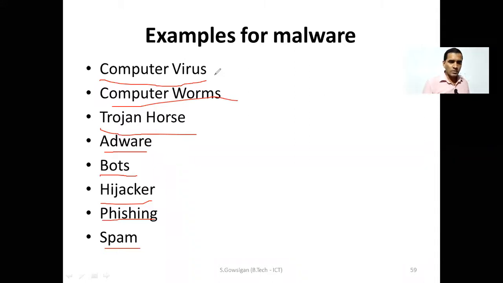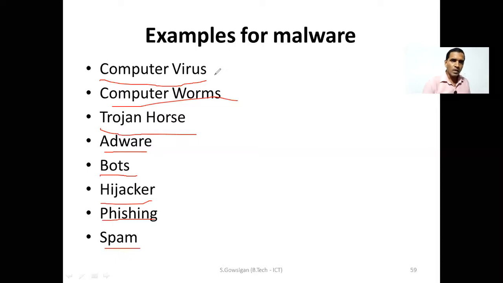Replicate itself means when a virus comes to our computer, it comes alone. One virus comes. But as soon as it comes to your computer, it forms multiple copies, which means it creates multiple viruses.